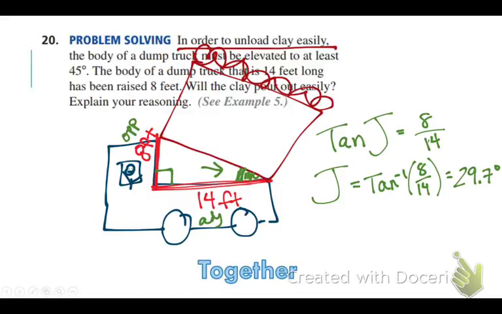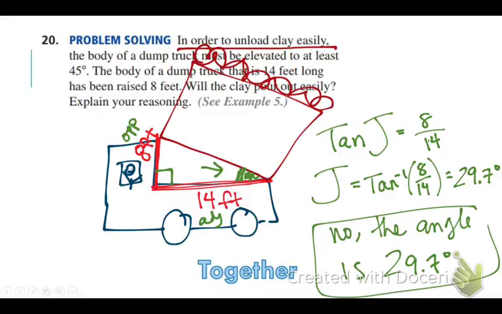Is 29.7 at least 45 degrees? No. So will the clay come out easily? No. Your reasoning is the angle is 29.7 degrees.